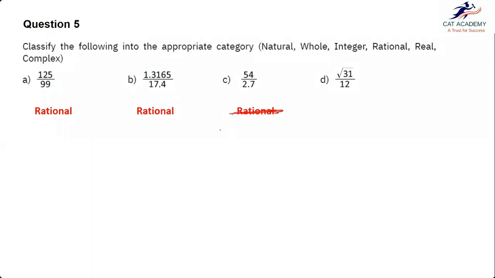Third should actually be natural, because 54 by 2.7, if you calculate, comes out to be 20. It comes out to be 20, so the answer should be natural. And the last one is real because root 31 is irrational. So root 31 by 12 is also irrational, that is real. Okay?